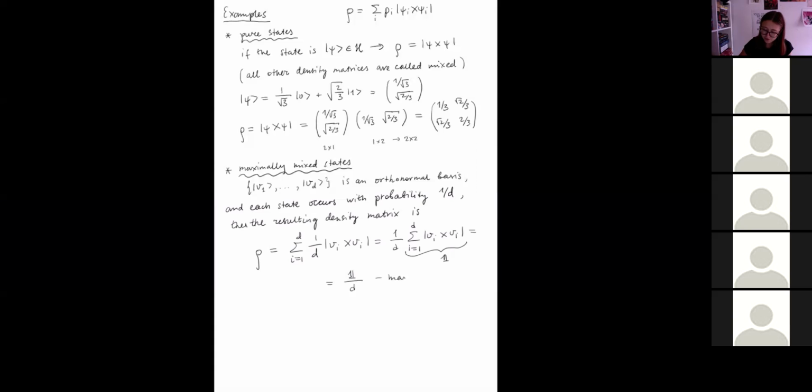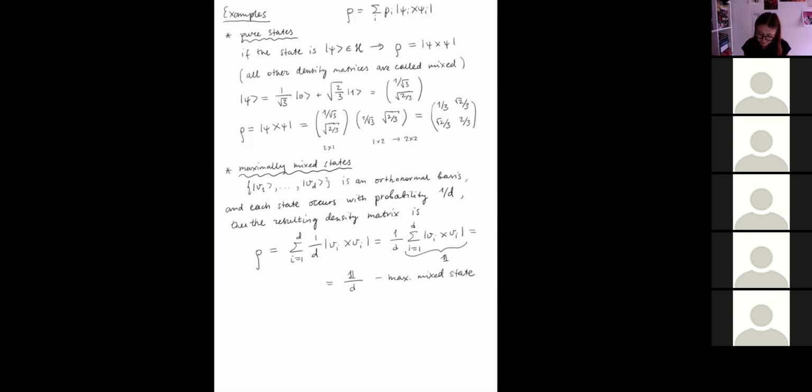Such a state is called a maximally mixed state. We can see why, because each state from the orthonormal basis can occur with the same probability. So it's an equal mix of all possible states from this orthonormal basis.